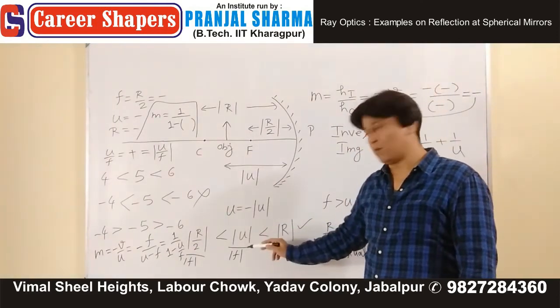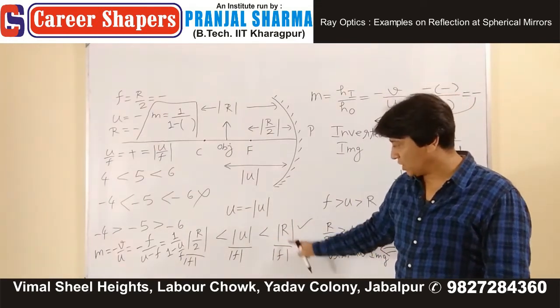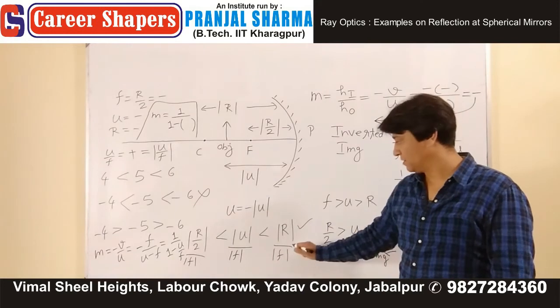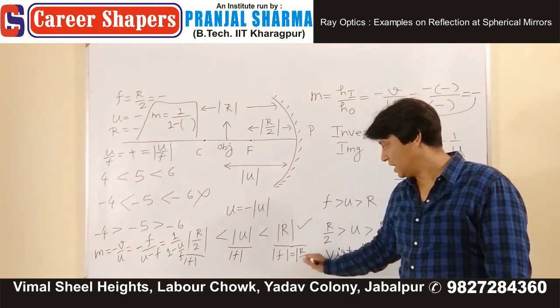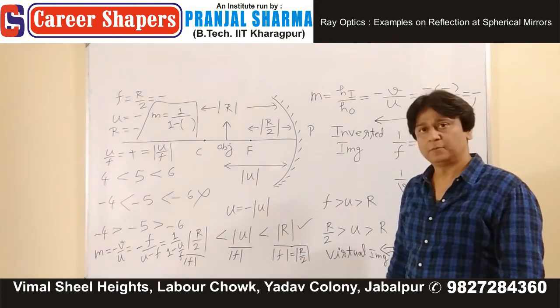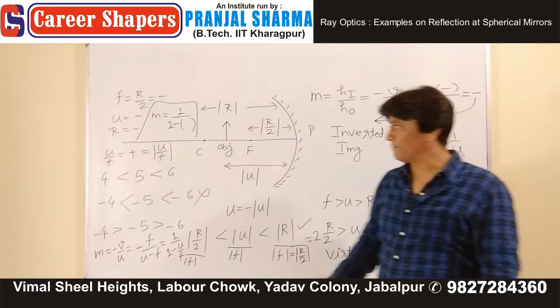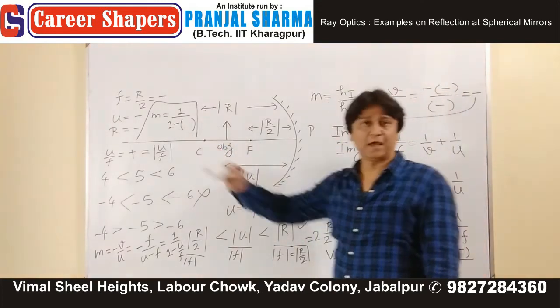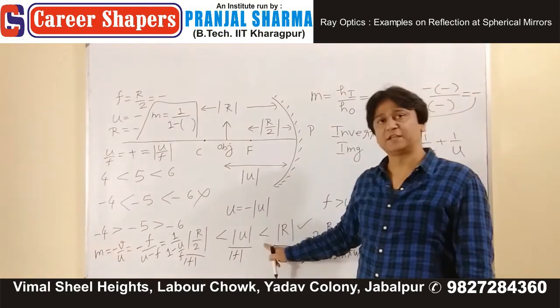Mod u upon mod f, now you can see, is less than mod r upon mod f. What is mod of f? Mod of r by 2. So this is 2. So whatever you get here cannot exceed 2, it should be less than 2.